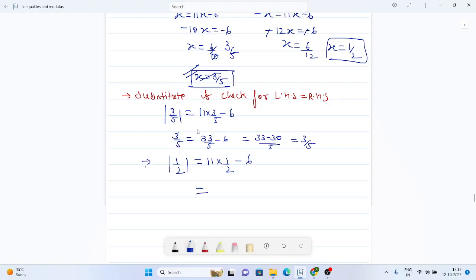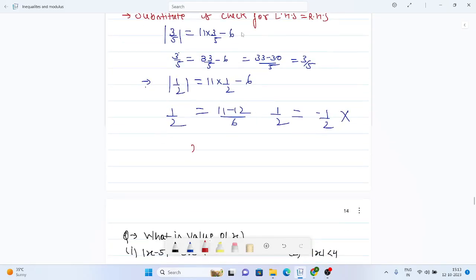If I solve this, I get 11 minus 12 by 6. So what I got is minus 1 by 2, which is wrong. So this one is not the solution because it does not satisfy the equation.